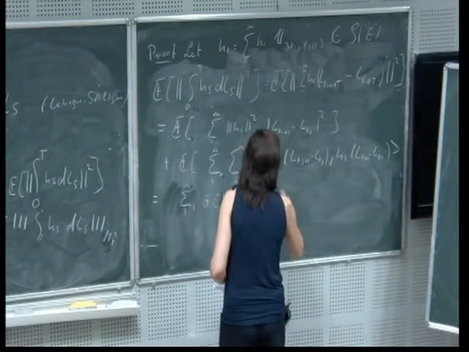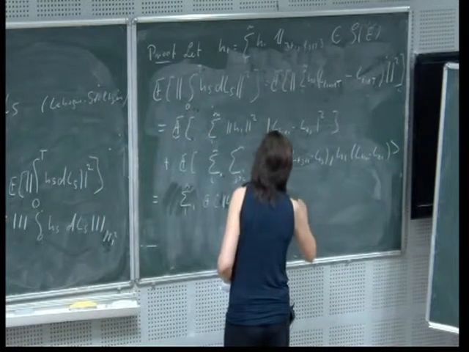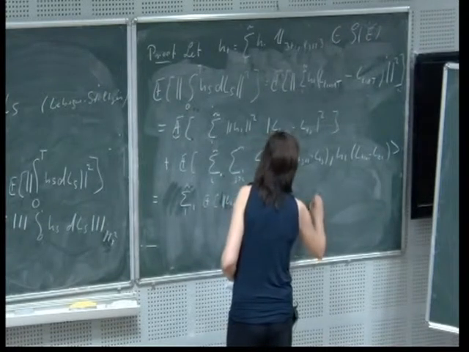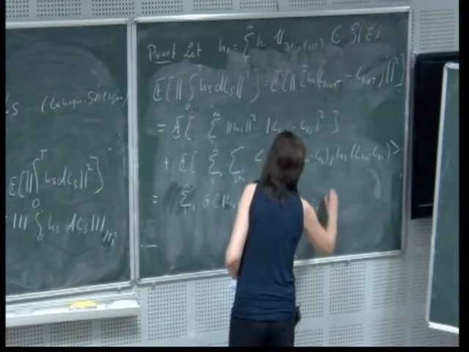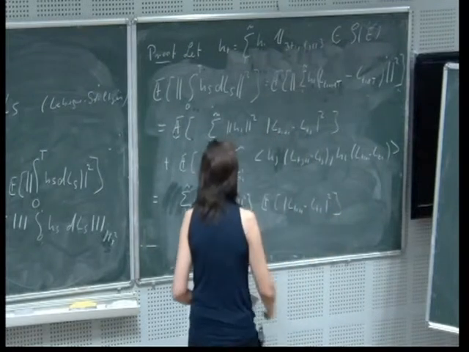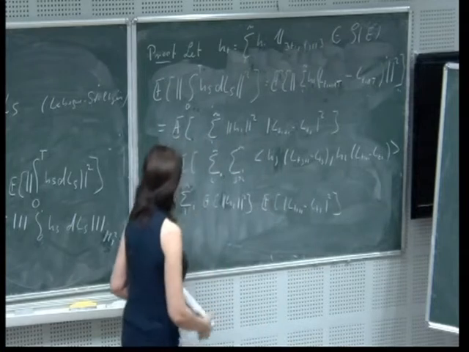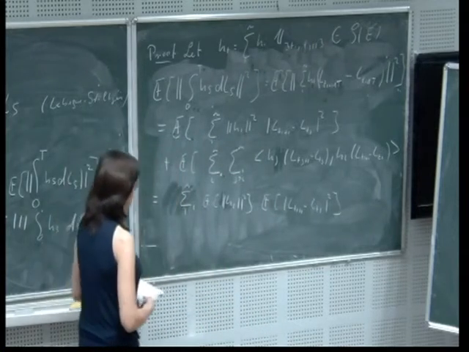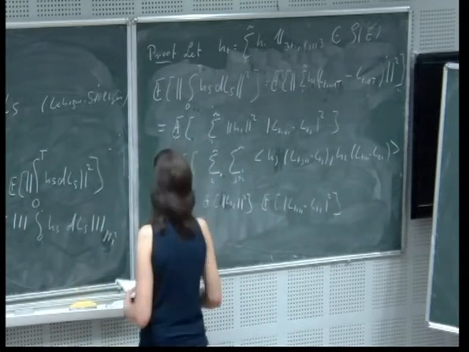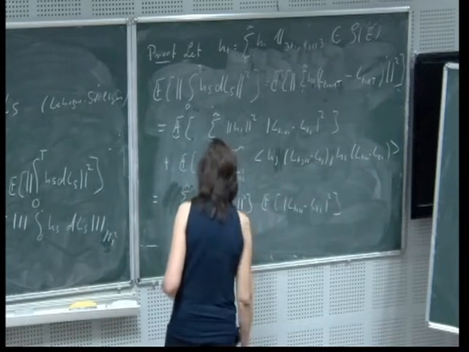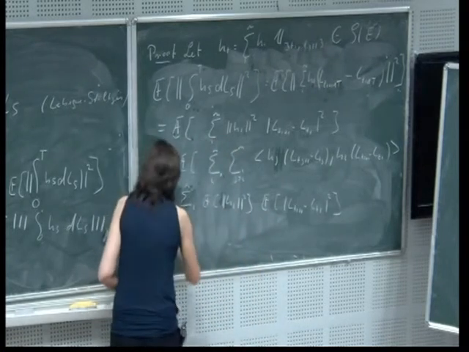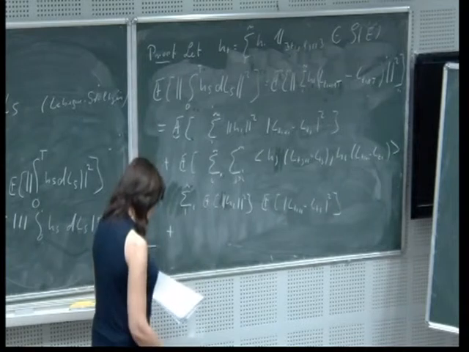So this is equal to E of (L_{t_{i+1}} minus L_{t_i}) squared. Then you see immediately that we use stationarity and the fact that the variance increases linearly with time, and we have done. But anyway, let us look at the second term.